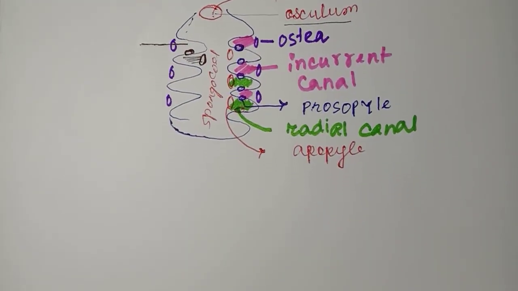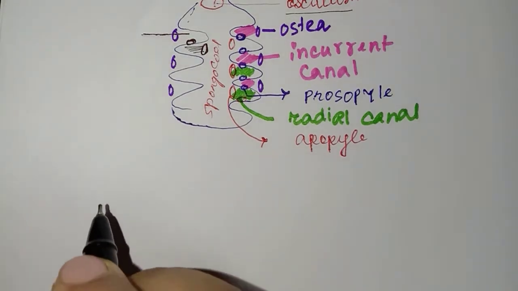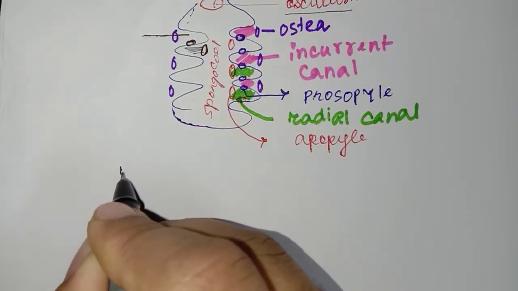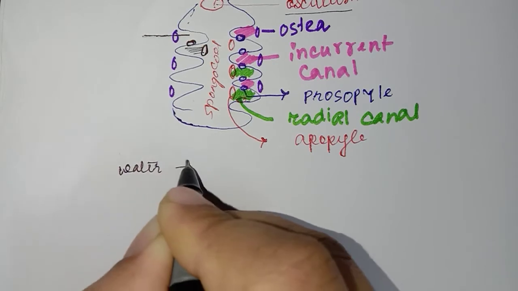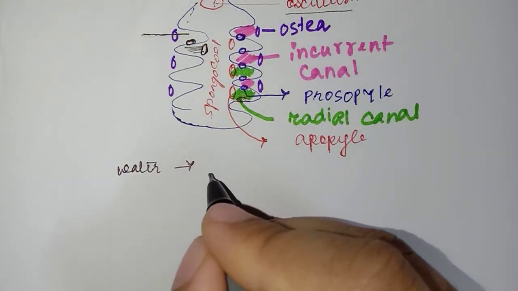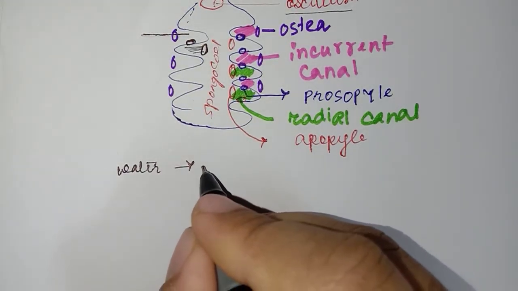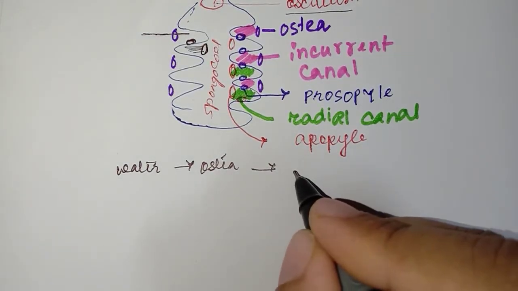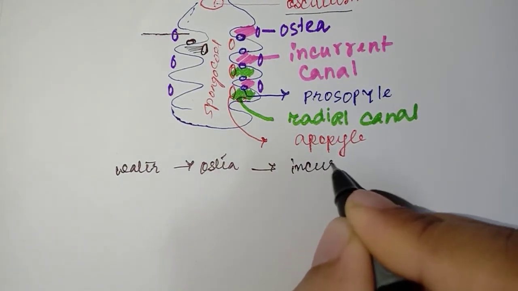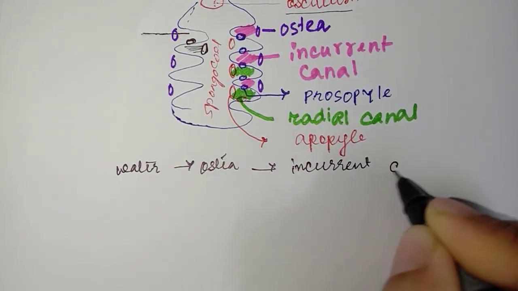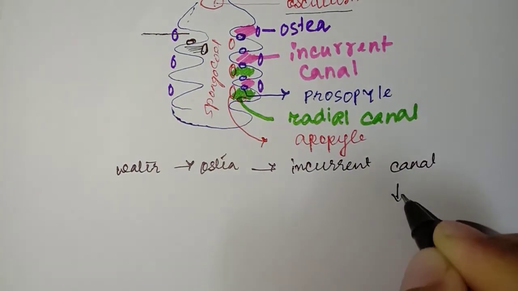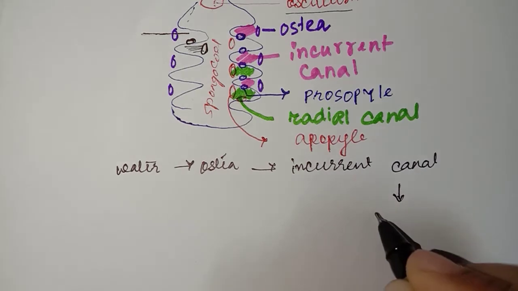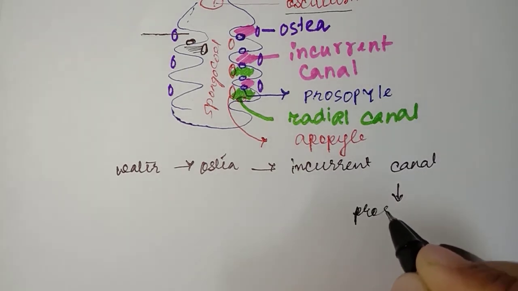Now just see the pathway. What is the pathway? First of all, the water will enter into the incurrent canal with the help of the ostia. Now from this incurrent canal, the water will enter into the radial canal via the prosopyle.